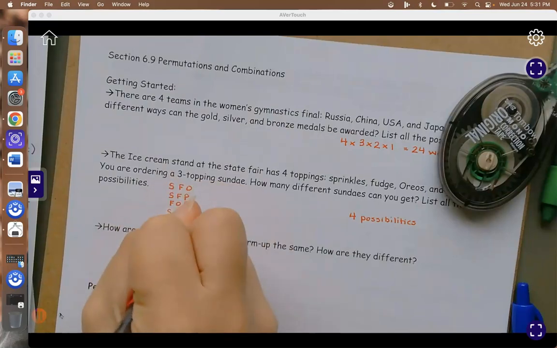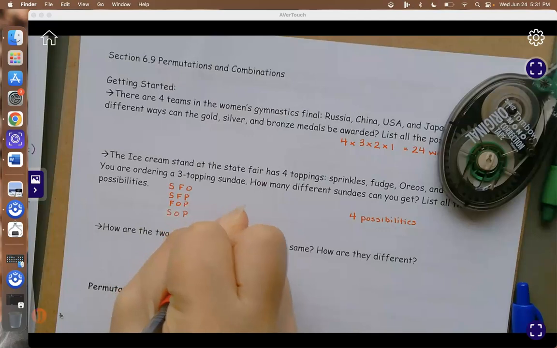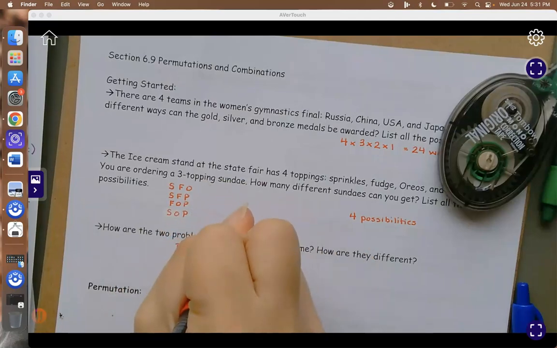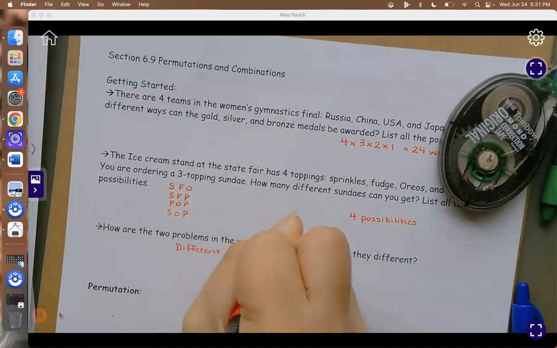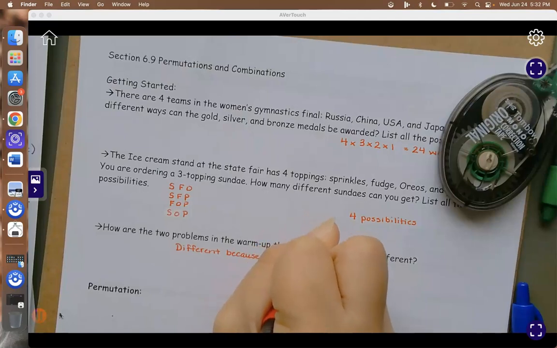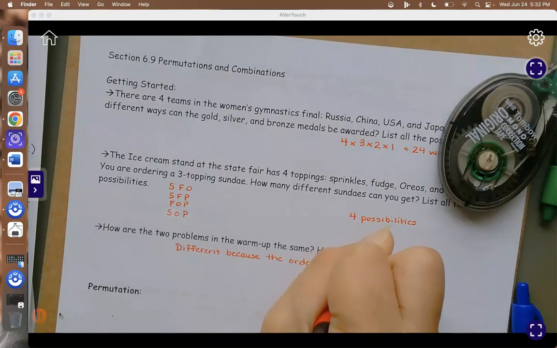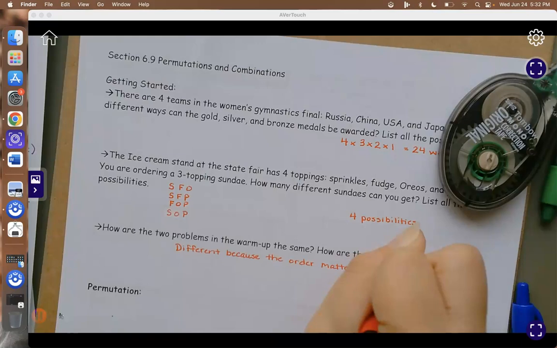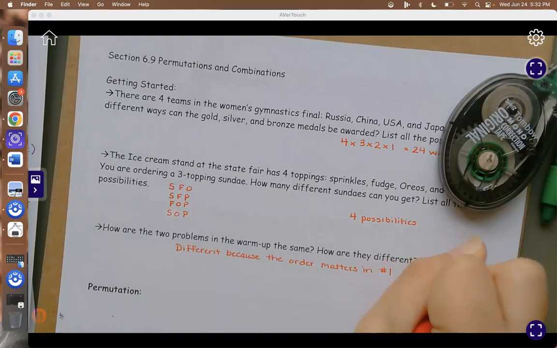So they're different because the order matters in number 1. It doesn't in number 2. Okay?